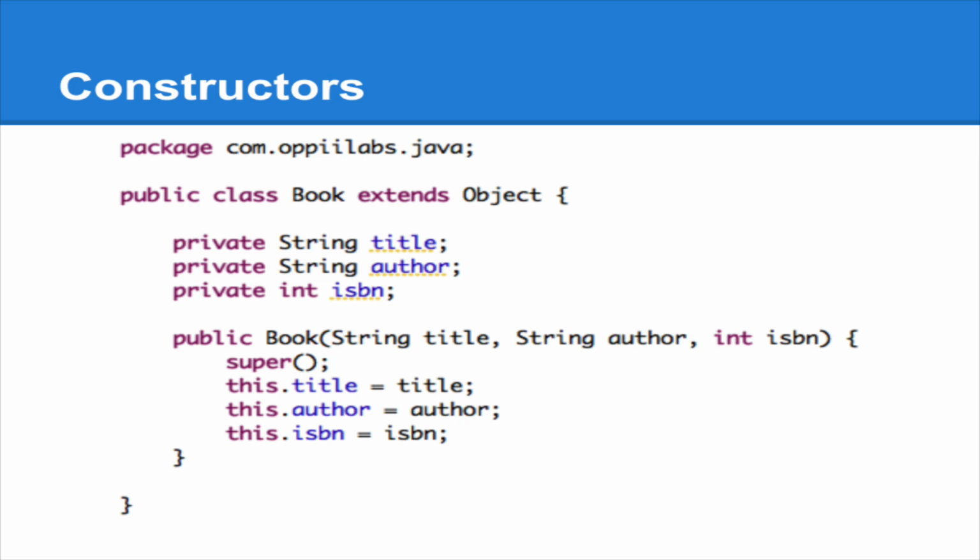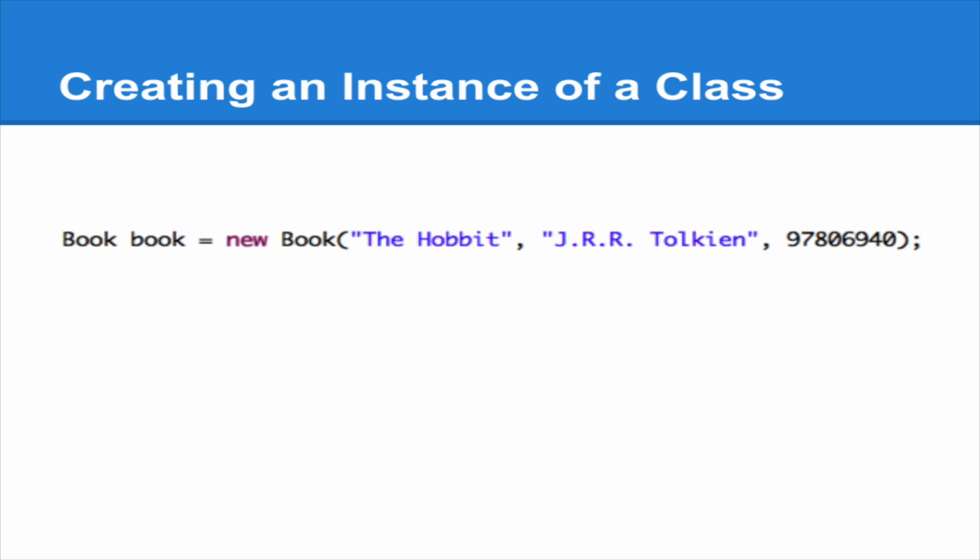When I create my object, I can pass it 3 parameters, and it assigns those values to the private instance variables. So I can now create a new object and assign values to it all in the same line. You can see book1 equals new Book, and I'm passing it the title, the author, and the ISBN number.